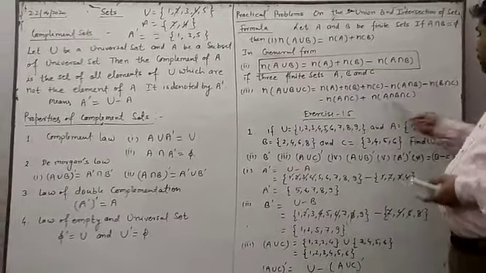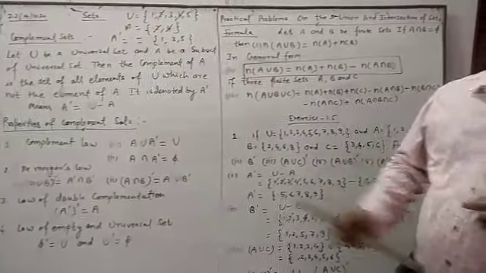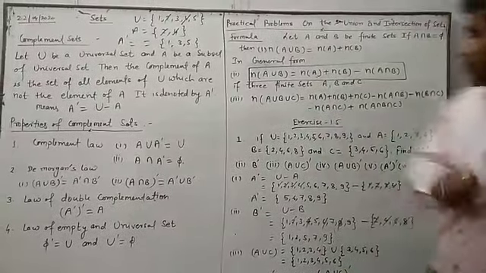The last term means those values which are common in all three sets, set A, set B and set C.